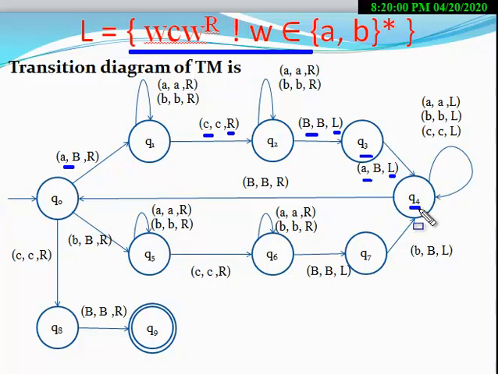Before that, the tape symbols small a, small b, small c appear in the tape. When these appear, the machine only moves in the left direction without doing any other action.